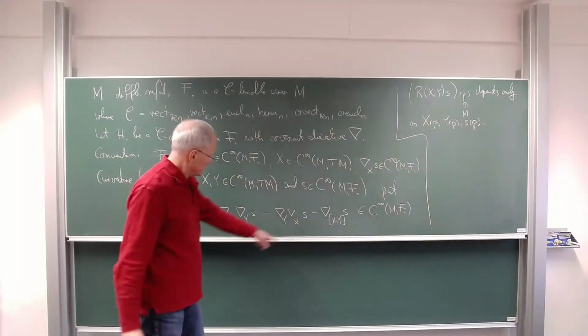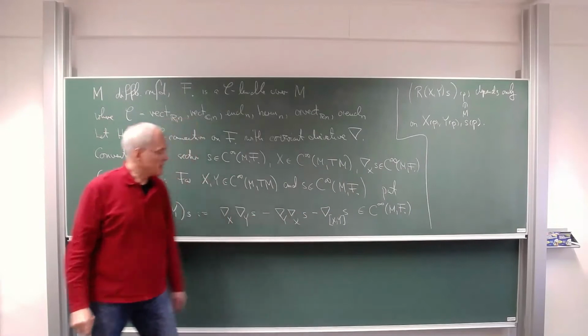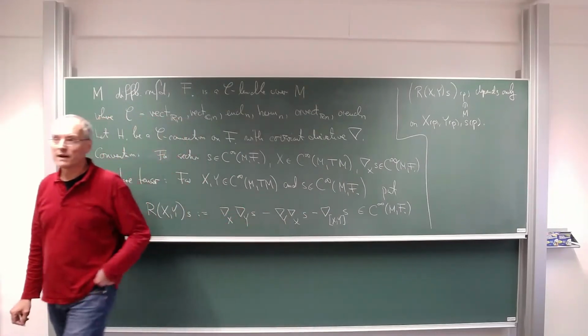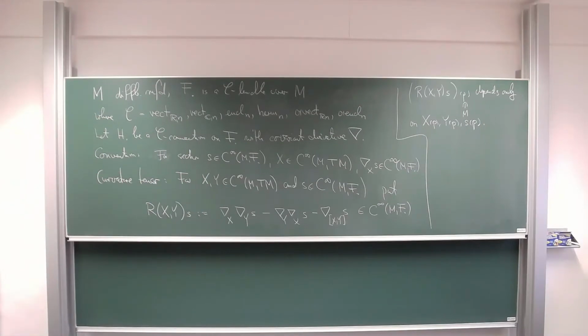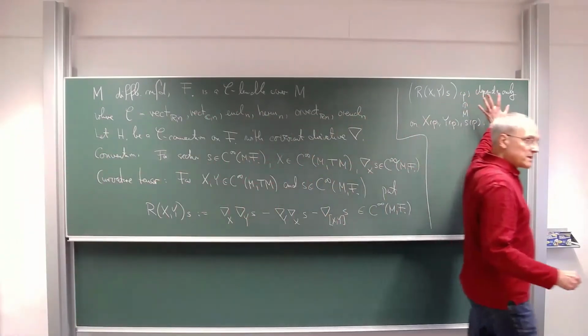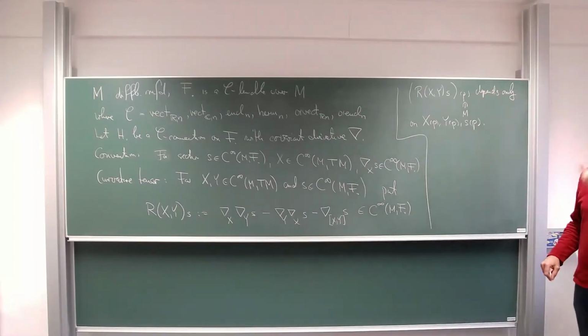And in fact, this is the reason why we subtract the bracket part, because otherwise we would get also derivatives of X and Y at P, which we don't want. And you certainly know the argument that leads to this, so I won't repeat it here.